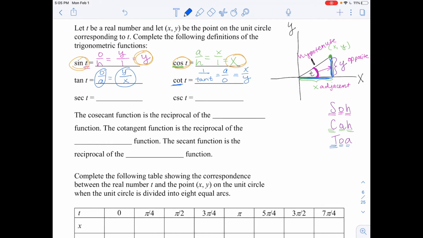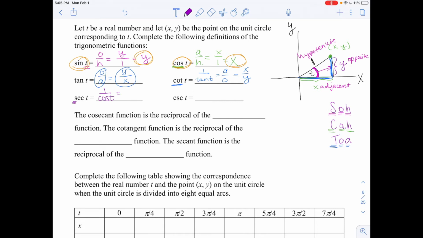If we know tangent, we automatically know cotangent is its reciprocal. Same thing with secant. Secant is the reciprocal of cosine. Now, with secant and cosecant, I just want you to remember that S goes with C, and C goes with S. Never the two go together. S does not go with S, C does not go with C.